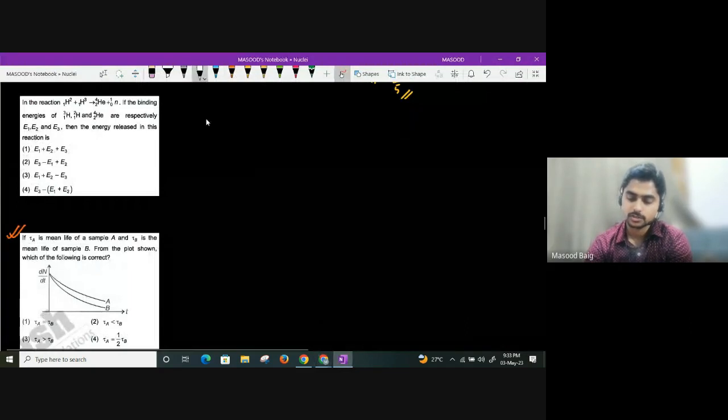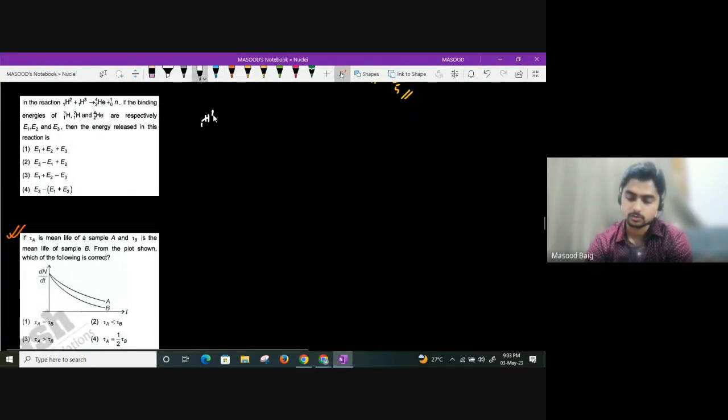So what is situation here? You can take H12 and H13 will give rise to He24 as well as neutron. Yes or no? So for this energy is given as E2, for this energy is given as E1, for this energy is given as how much here? Energy is given as E3.